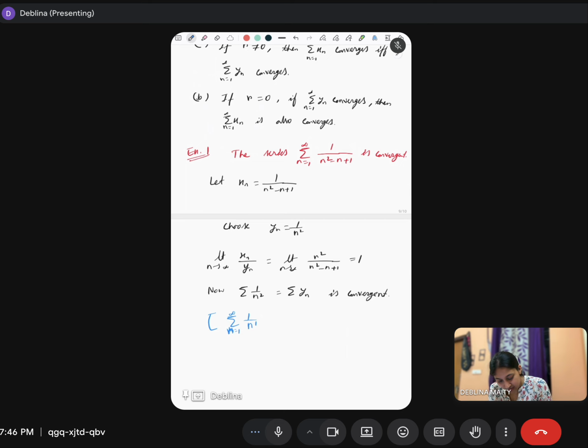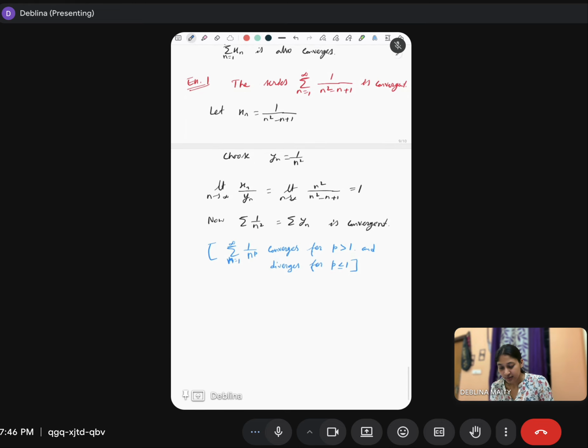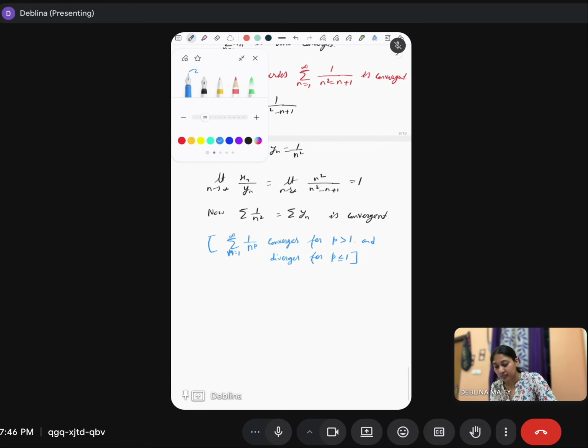p converges for p greater than 1, right? And diverges for p less than or equal to 1, right? So this implies the sum of 1 by n squared is convergent.